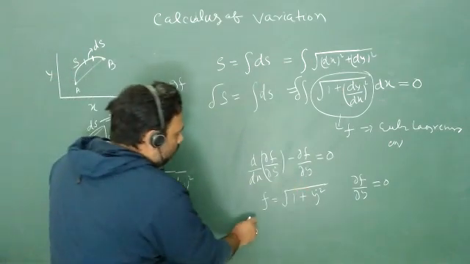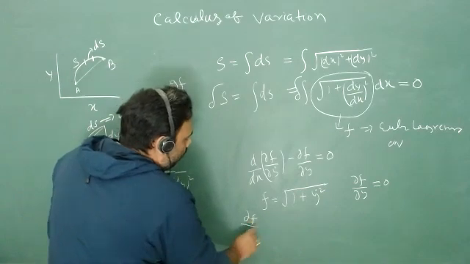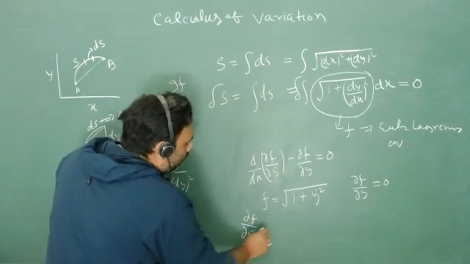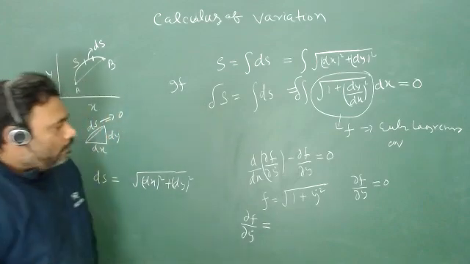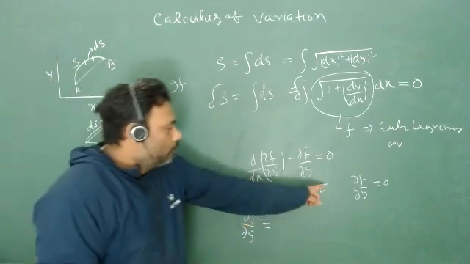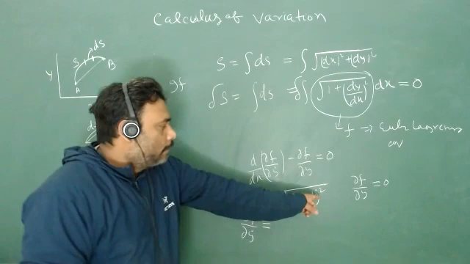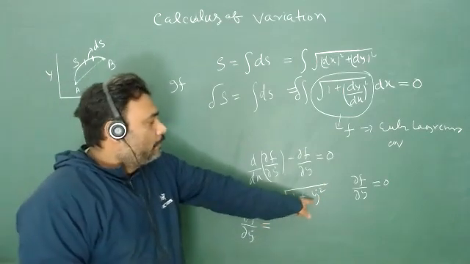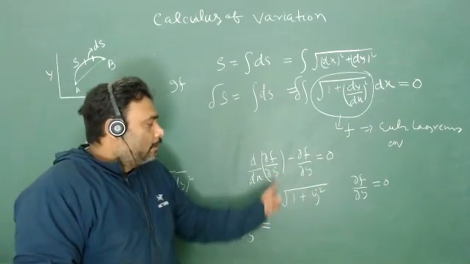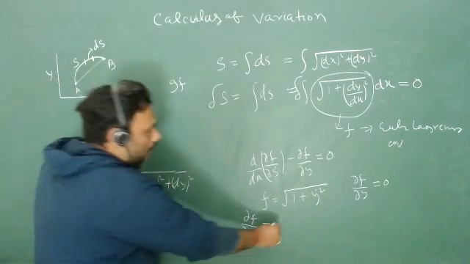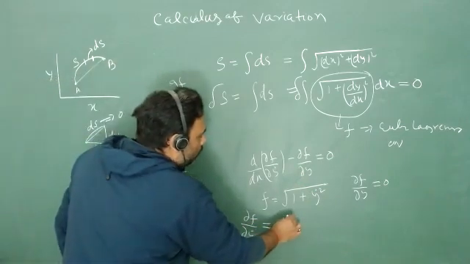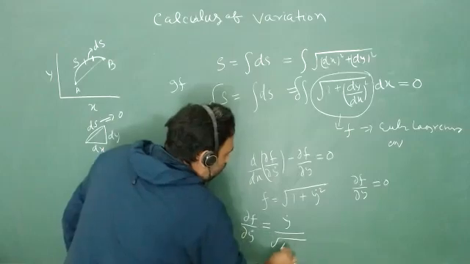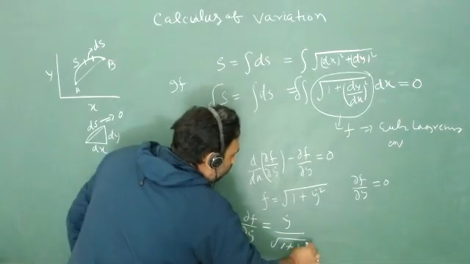We can also calculate del f upon del y dot. What will be this value? When we calculate it, first I have to go for the root part, then the y dot part, and when we differentiate y dot, the 2 will cancel out. So I think we will get y dot upon root under 1 plus y dot square.